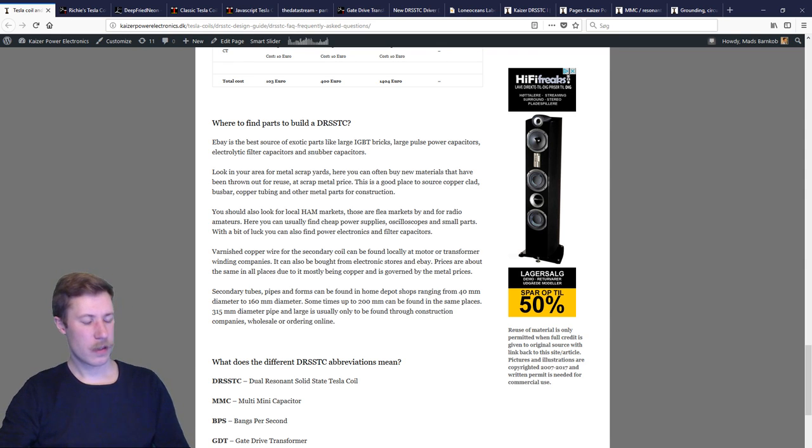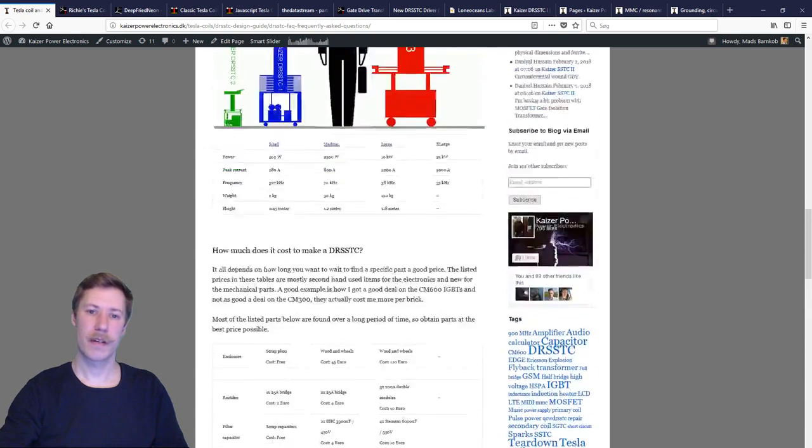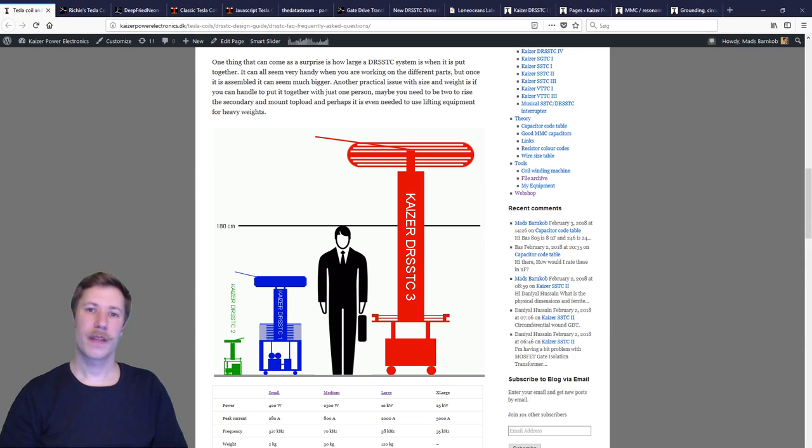Okay, so station 240 asks me what is the highest voltage Tesla coil you've seen in person, and that is actually my own DRSSTC 3, which you can see here. The coil itself measures 3 meters from ground to a breakout point, and it can produce 4-meter sparks. And I will say it gets quite scary when you're standing next to this, as it is quite uncontrollable when there's a little wind.